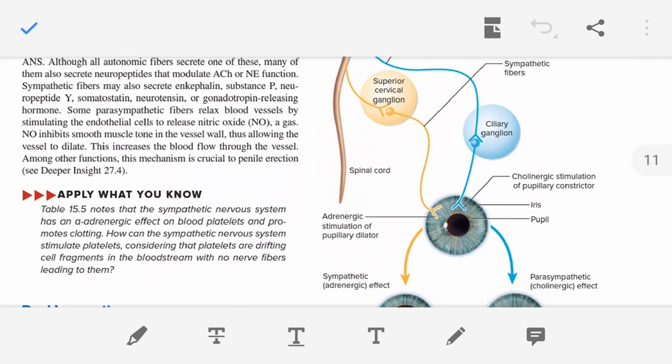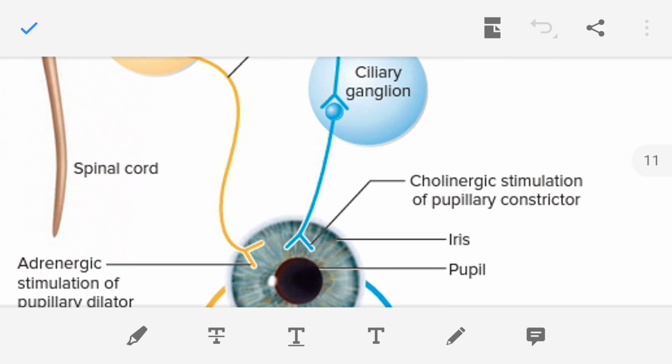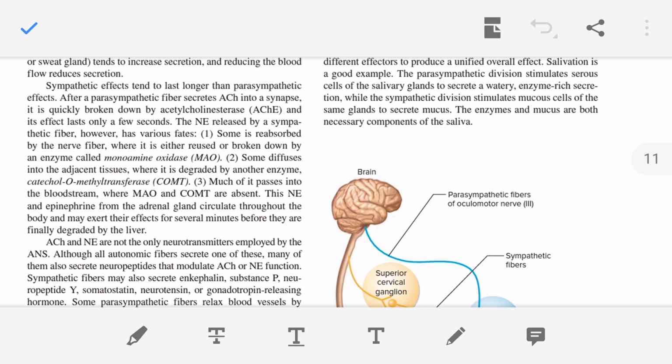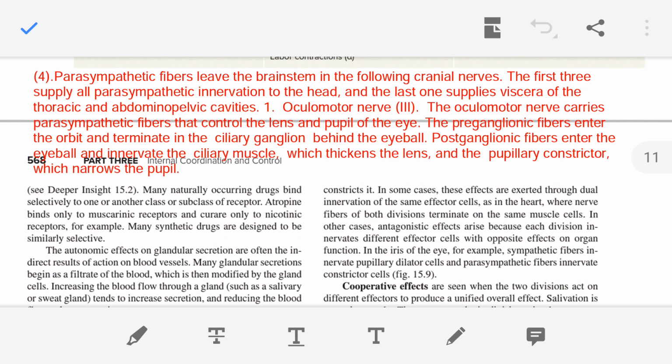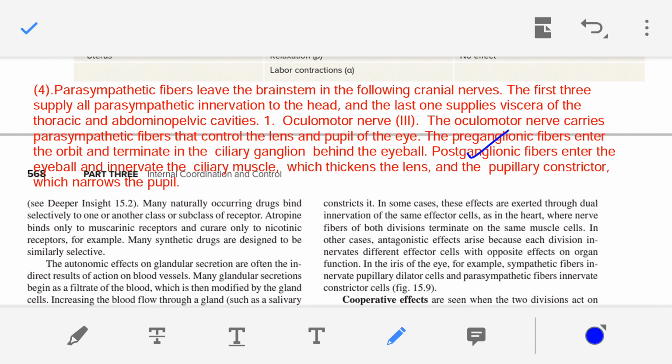Now we are talking about the postganglionic fiber. What is it doing? It enters the eyeball and innervates the ciliary muscle, and this ciliary muscle thickens the lens of our eye.